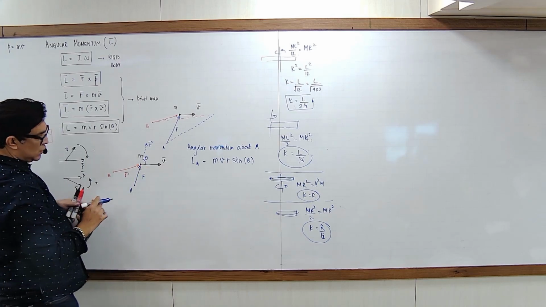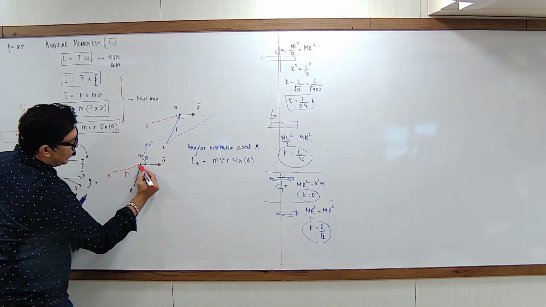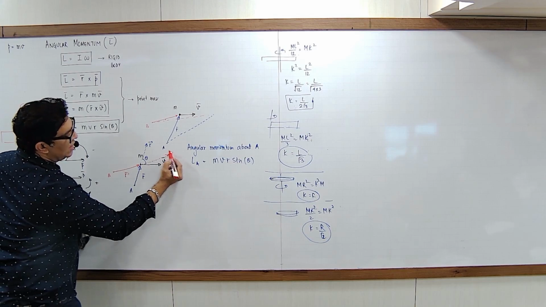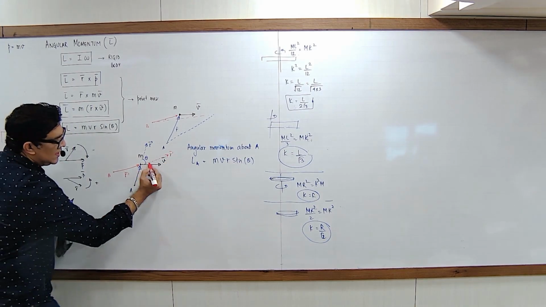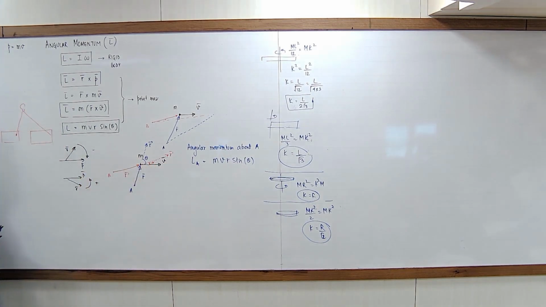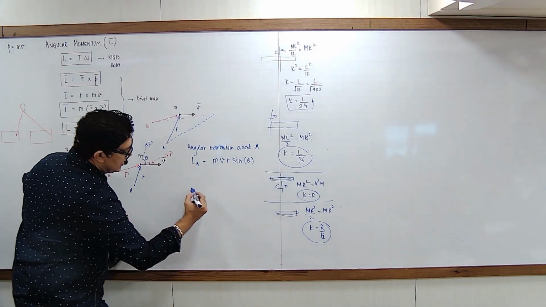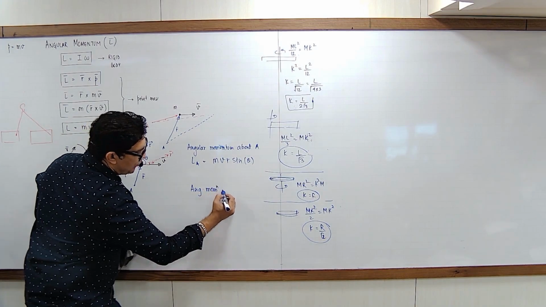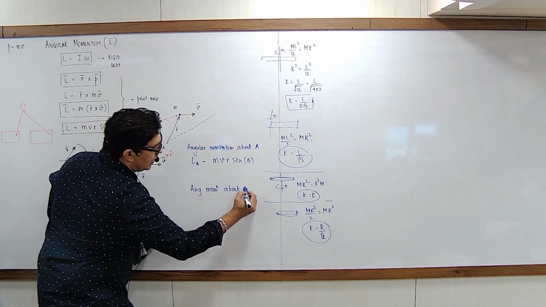R dash. Okay, so this was theta. I'll extend whom? R dash. So this is whom? R dash. And students, this is the angle between the two. Let me call the angle as what? Alpha.